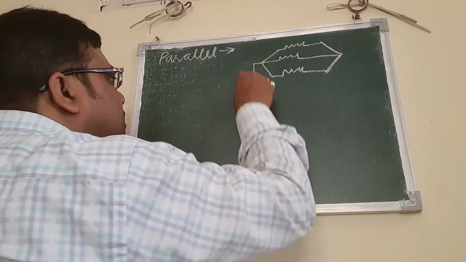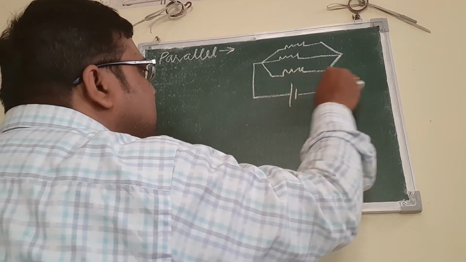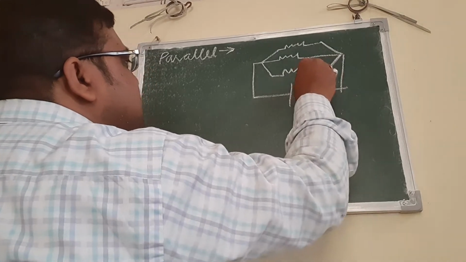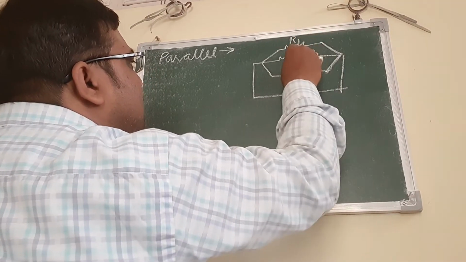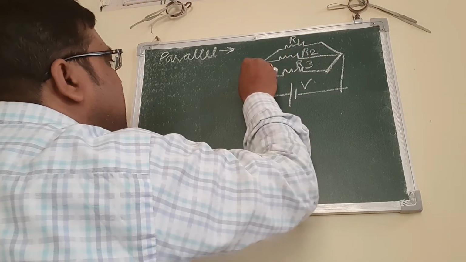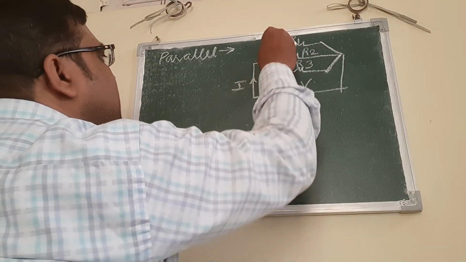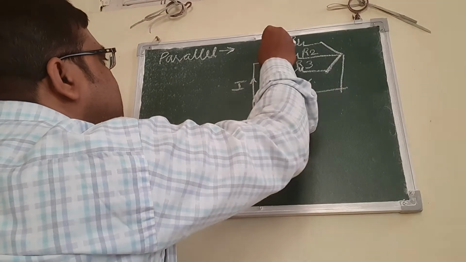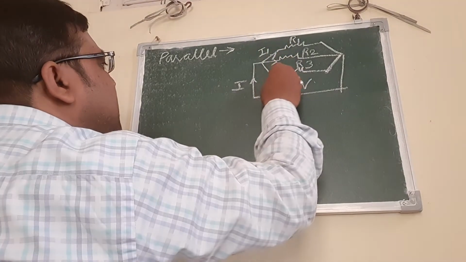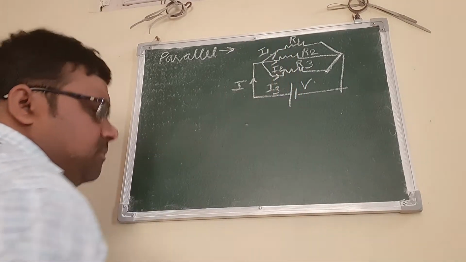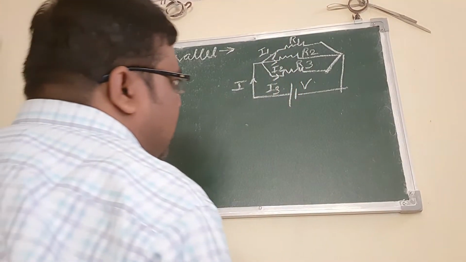This is our voltage across this. Across this the voltage is V. Resistances are R1, R2, R3. Here is the current I that is flowing. Here the current divides into I1, I2 and I3. So this is our circuit.